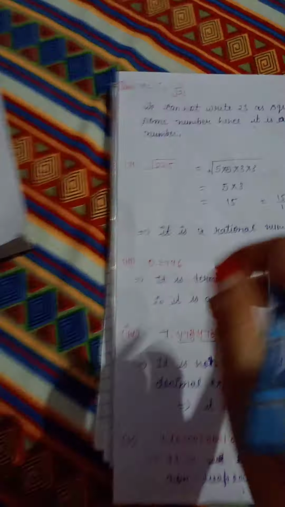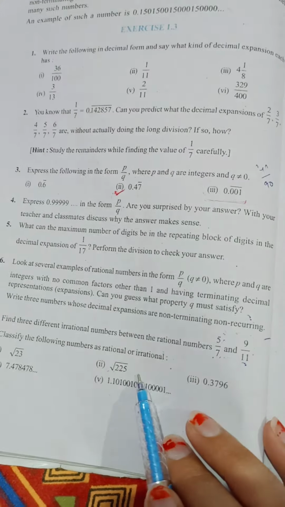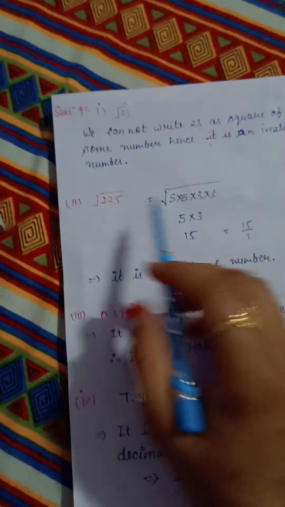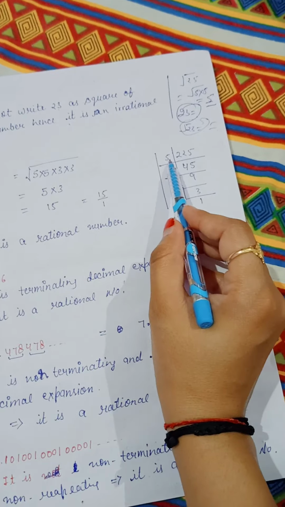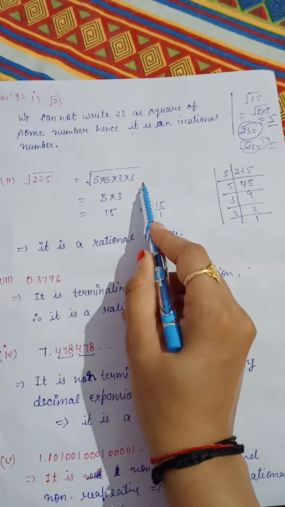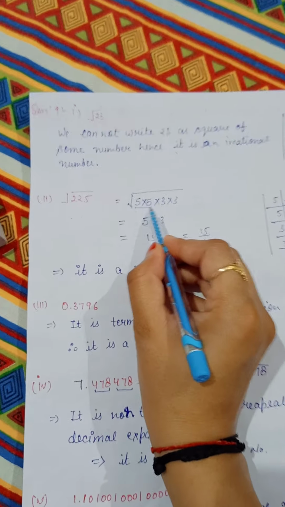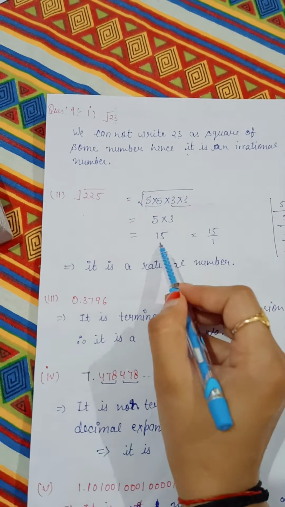Okay, the second is under root 225. We factor 225, we get this, so we separate 5 and 3, and we get 5 into 3 is equal to 15.